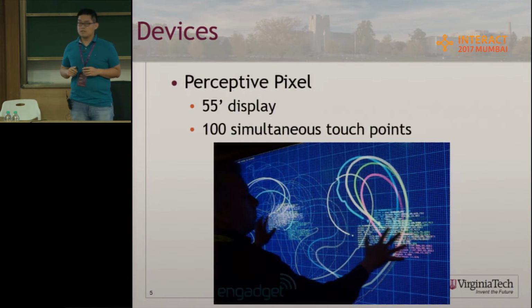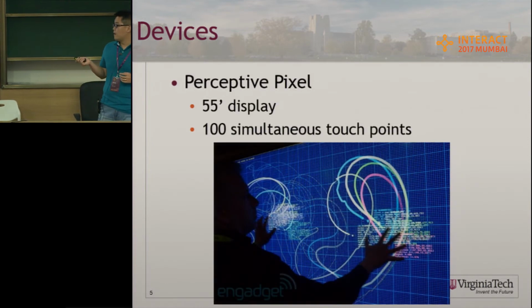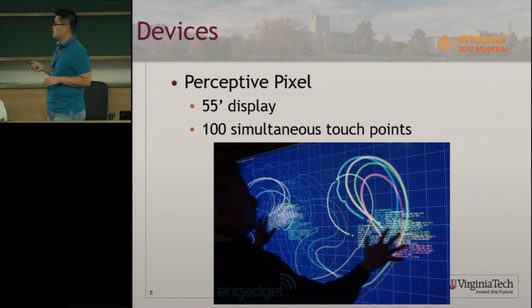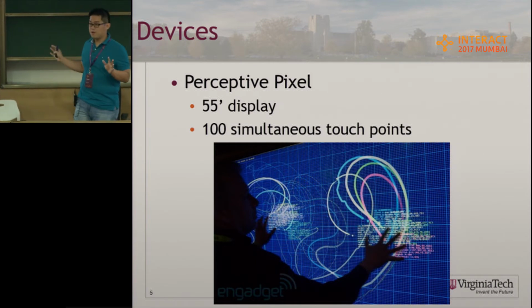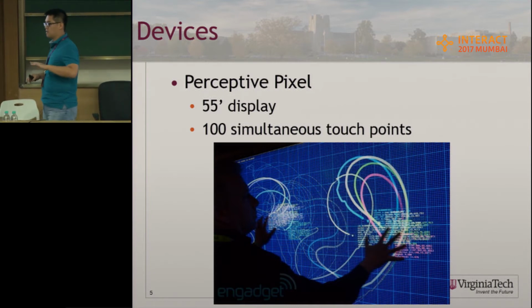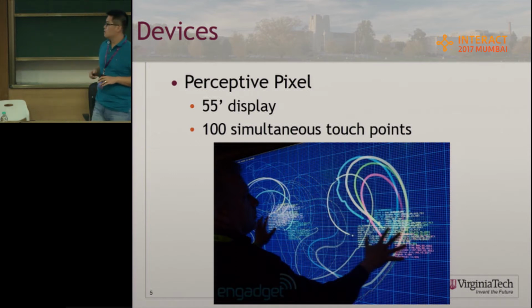The device we're using is called a Perceptive Pixel from Microsoft. It is a 55-inch multi-touch display, but we didn't put it like this. We put it on a tabletop, and it can sense 100 simultaneous touch points. Trust me, it's a very good device. The finger tracking is very accurate. When you move something, it almost follows your finger.